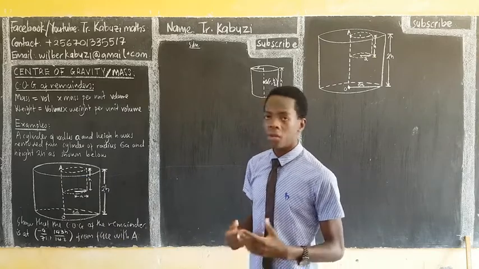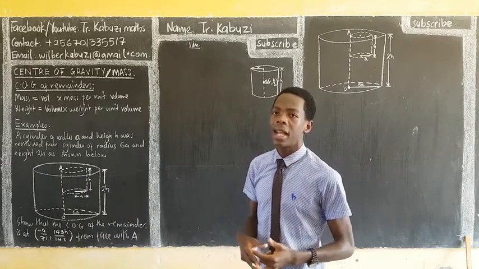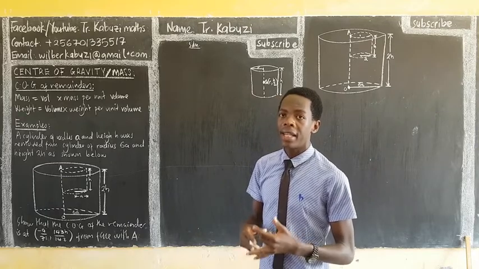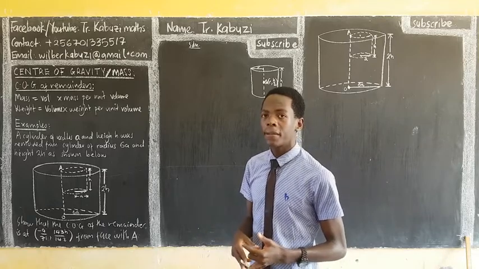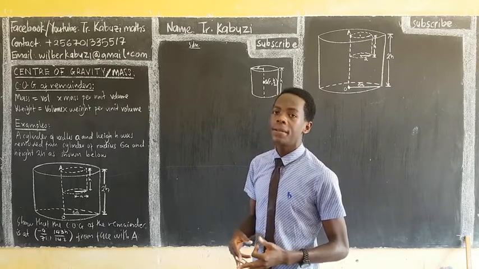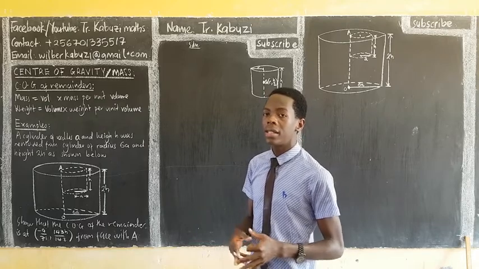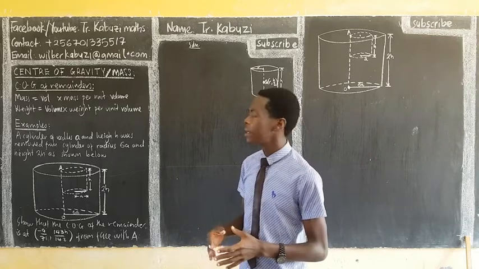To get the center of gravity, we need a weight and where that weight is acting. I know that weight always acts where the center of gravity is. So, how do we get weight? We get the volume first, then multiply by the weight per unit volume, because weight is proportional to the volume in the case of solids.